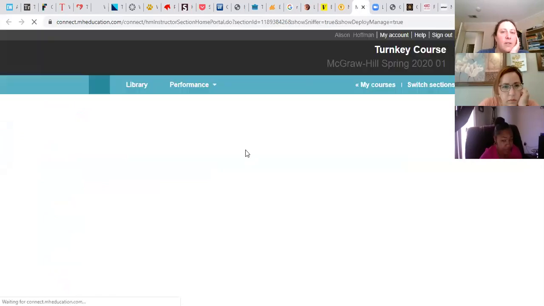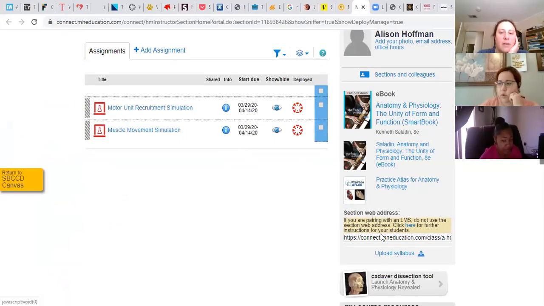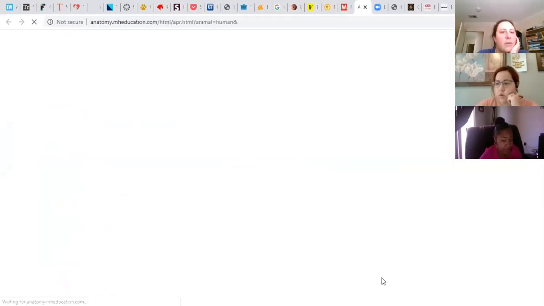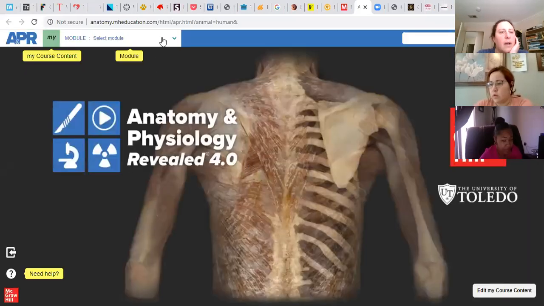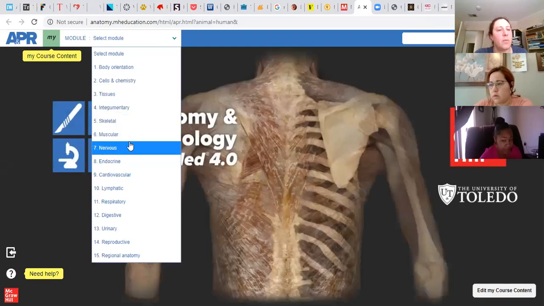So if we go into that cadaver dissection tool that we've been using, now we're going to go into the nervous system model.